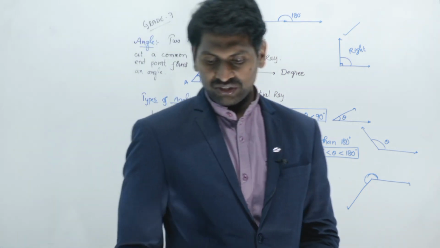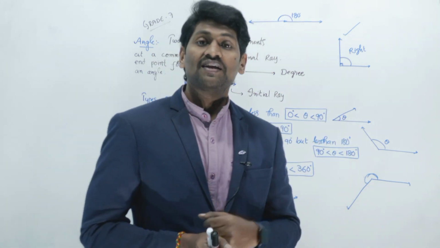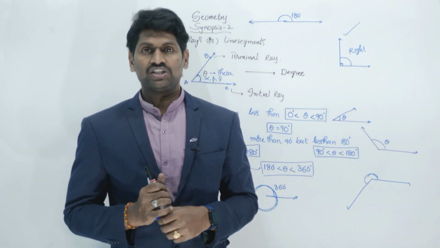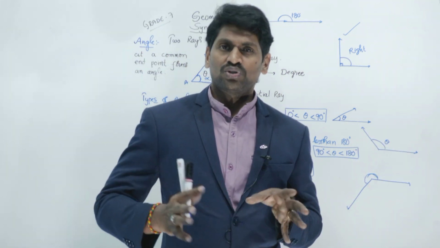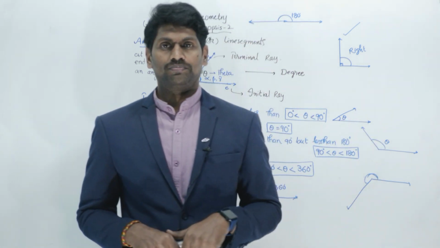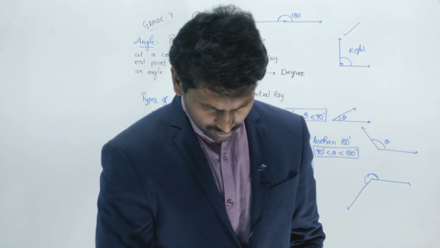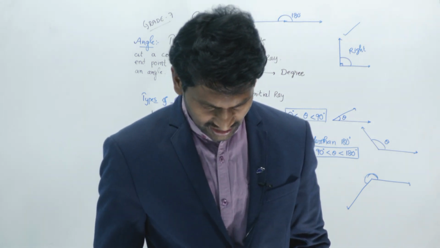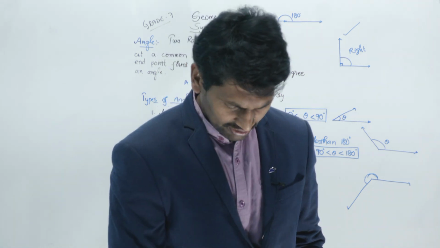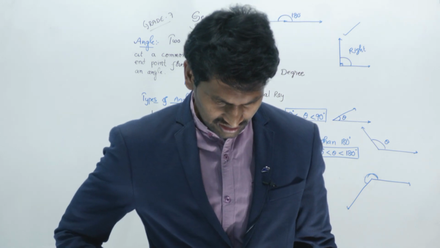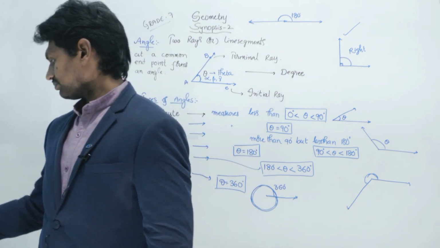Right. And still we need to discuss complementary angles, supplementary angles, linear pair, adjacent angles, vertically opposite angles, and some of the angles at a transversal. That means we need to discuss the transversal concept also. Okay? So let us go through the example problems. So before that, let me discuss adjacent angles and vertically opposite angles, complementary and supplementary angles.